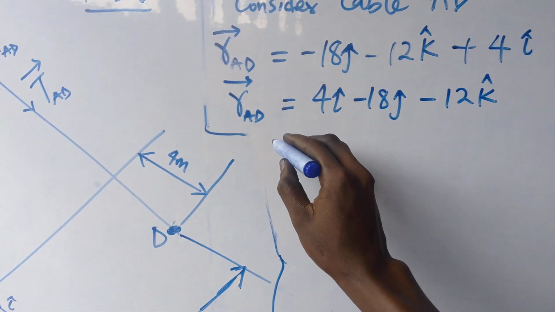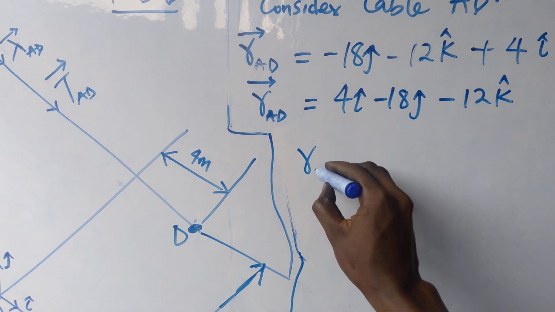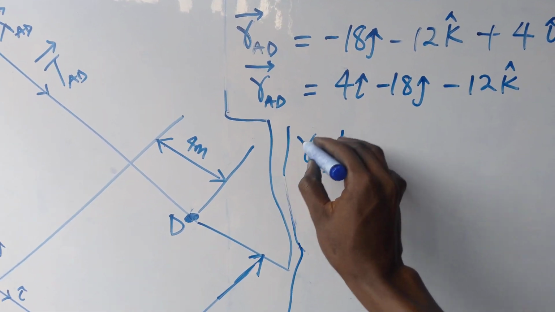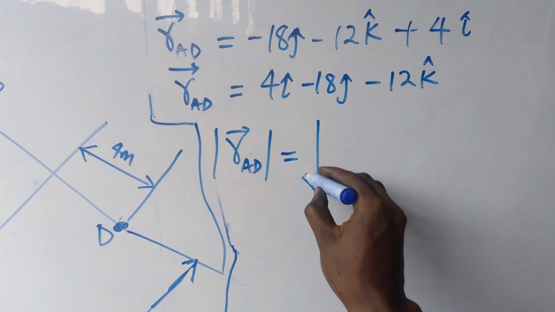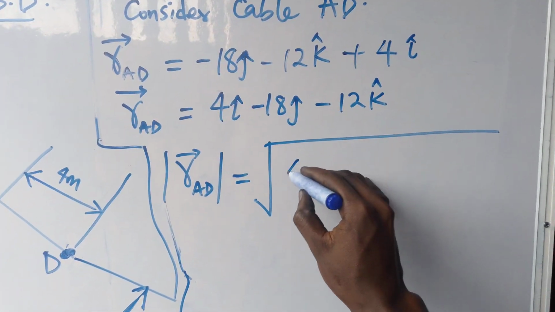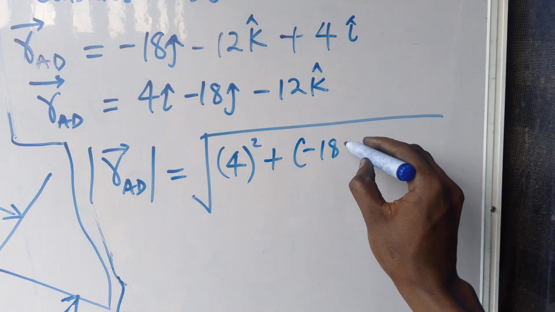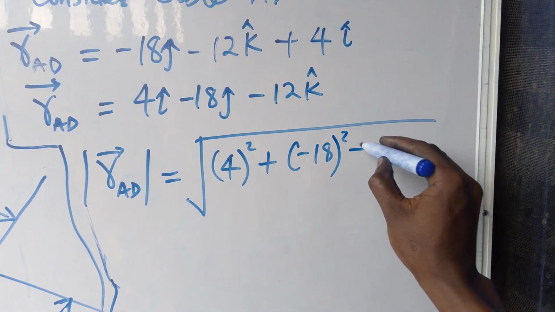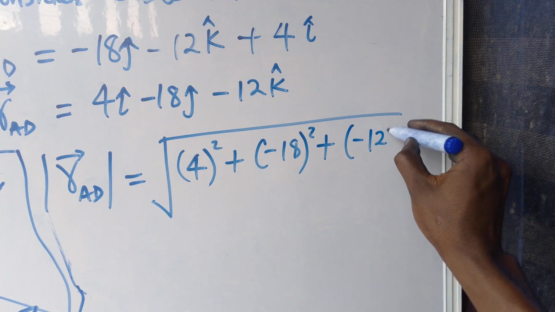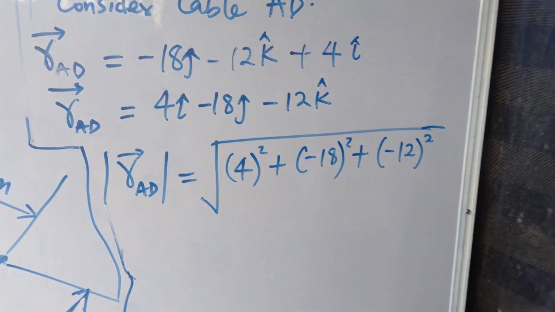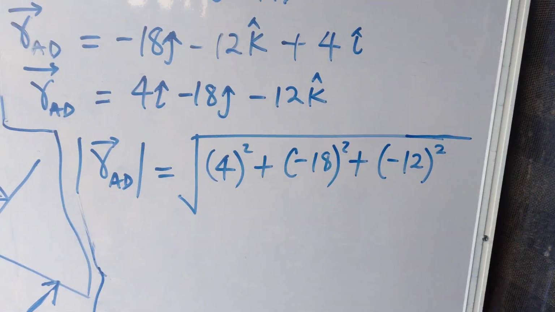Alright. Now the modulus of that vector RAD will be the square root of 4 squared plus minus 18 squared plus minus 12 squared.